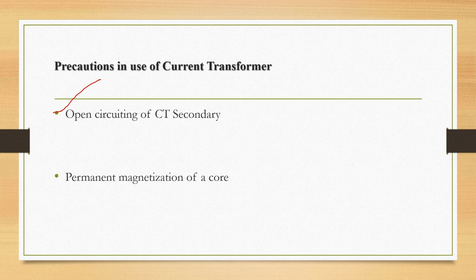Current transformers are always used with their secondary circuit closed through very low resistance loads. In such a case, a current transformer should never have its secondary terminals open circuited while the primary circuit is still energized.